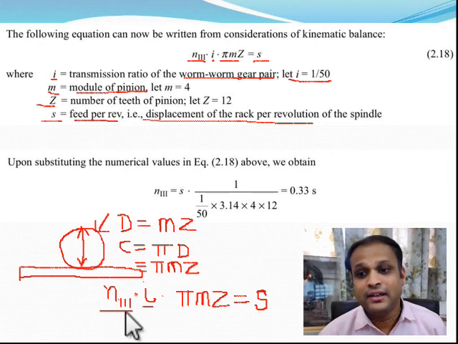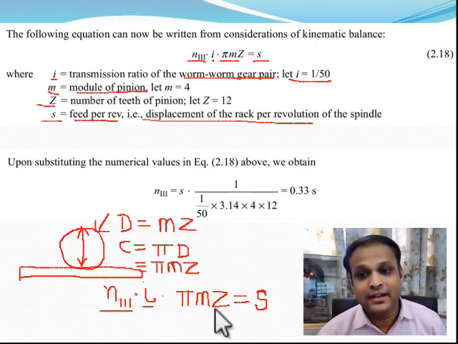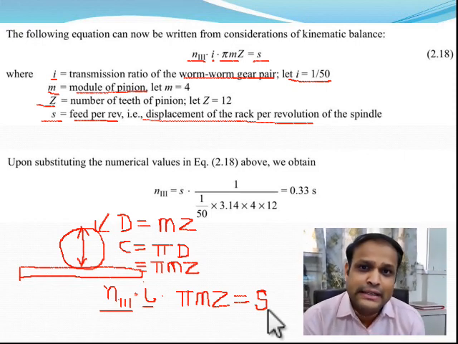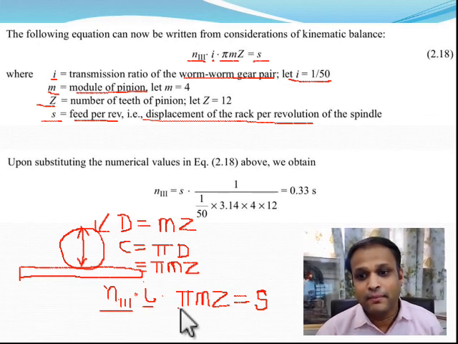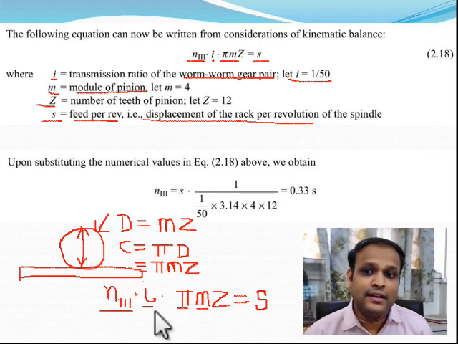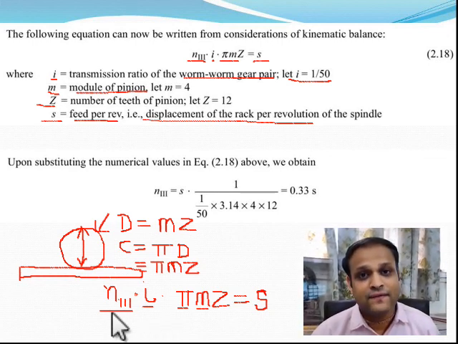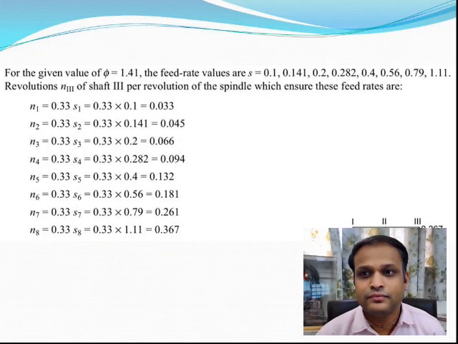So basically N3 times I times pi mz gives you the feed. So if one can calculate the feed, and the pi, m, z and I values are known, then N3, or the rotations at shaft 3 of your feed box, can be calculated.